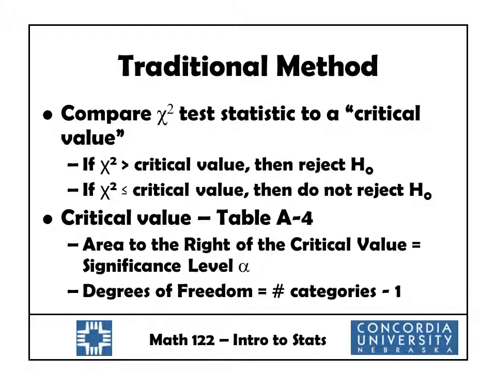We compared the test statistic to a critical value, which comes from table A4, which is on that hypothesis testing tables worksheet. If the chi-squared was greater than the critical value, then we reject the null hypothesis. If chi-squared is less than the critical value, then we do not reject it. And remember, the degrees of freedom is the number of categories minus 1.